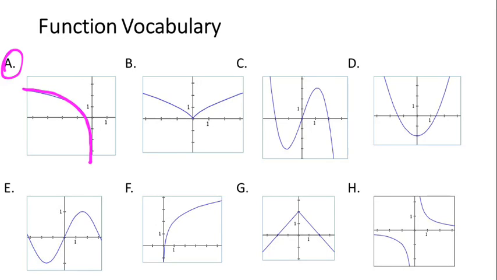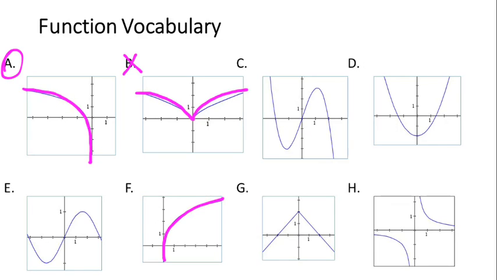On graph B, this graph starts out decreasing and concave down. But then as we go past the 0, we're still concave down, but now it's increasing. And so that one does not meet those qualifications. On graph C, it's not always decreasing. Same with D, same with E, not always decreasing. Nor is it always concave down, actually. Now on F, here we have a graph that is always concave down, but it's increasing, so it doesn't meet both of those qualifications.